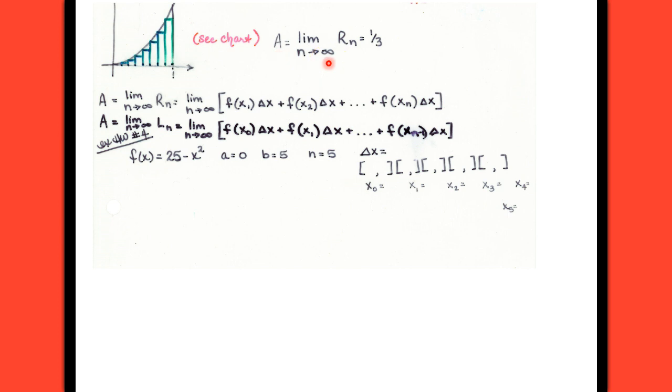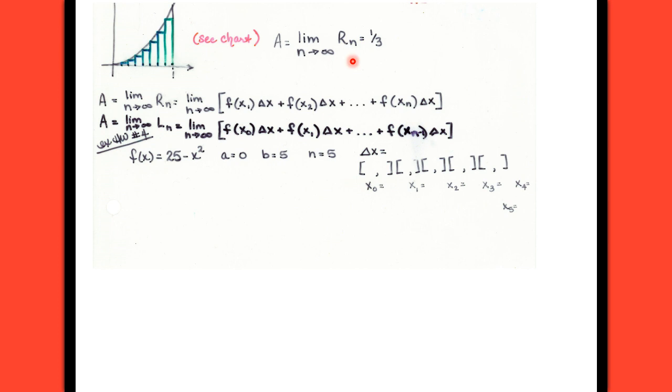As the number of subintervals approaches infinity, my area approximation gets better and better until, in theory, I would be getting the exact area under the curve, either from the right or from the left. So the way that we could write that is that the area would be equal to 1/3 if I had an infinite number of subintervals or rectangles from either the right or from the left. We've written this one from the right.